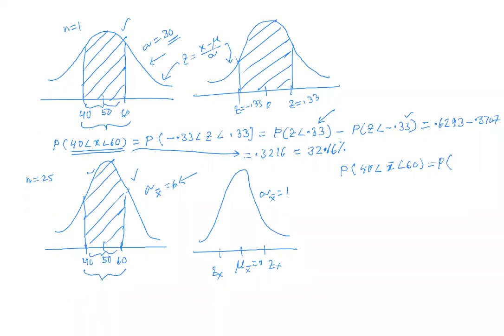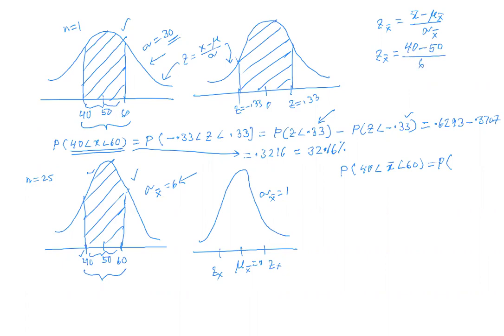So let me just do one calculation here. z sub x bar is equal to x bar minus mu sub x bar over sigma sub x bar. The point in question, x bar, is 40, minus mu sub x bar, which is 50, divided by sigma sub x bar, which is 6.